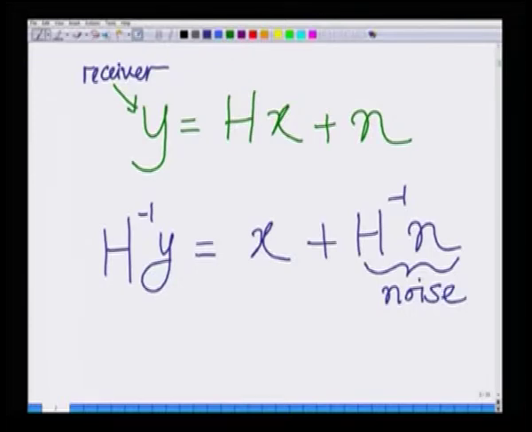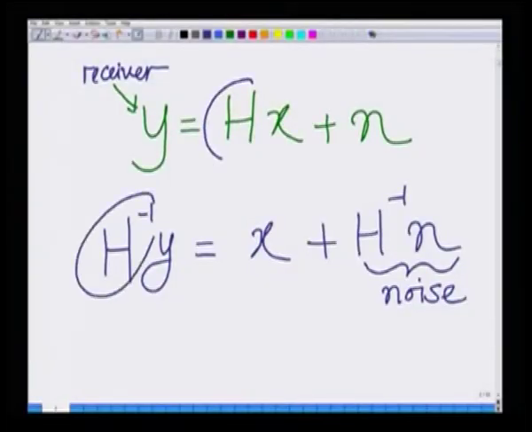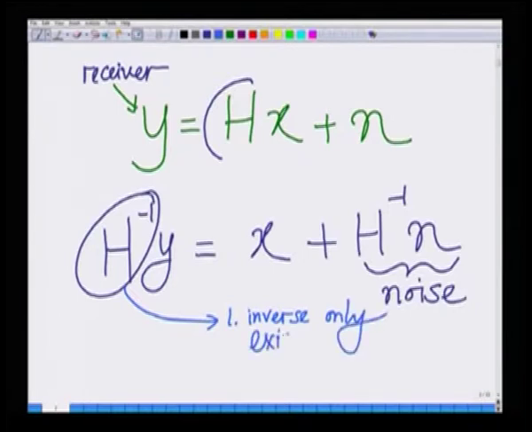This is the simplest inverse receiver, except that in the most general case I cannot compute H inverse. Why? Because of two reasons. One, inverse only exists for square matrices. So, inverse only exists if R equals T, and two, even for a square matrix, inverse need not exist if the matrix is rank deficient.